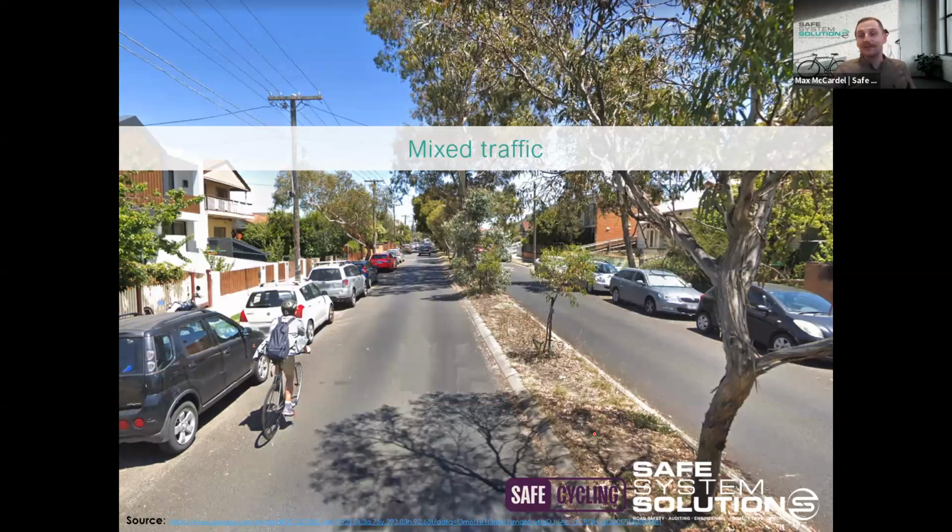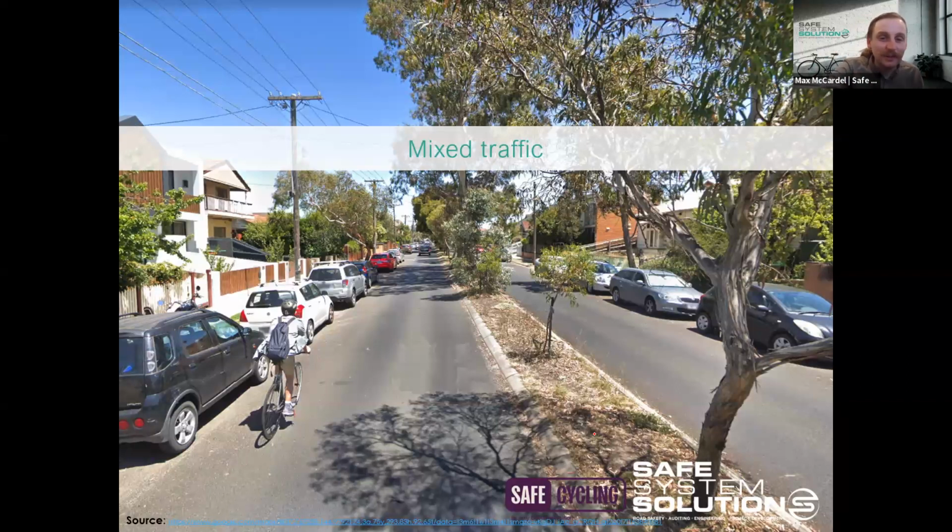When we think about mixing traffic, this is scenarios where vehicle speeds are low enough that we feel comfortable for cyclists to ride in the middle of the traffic lane, basically treat themselves like any other vehicle, and then claim the lane, as it's referred to. Now, the photo that I'm showing here is actually not an example of mixed traffic, but a perfect example of where this could be implemented.